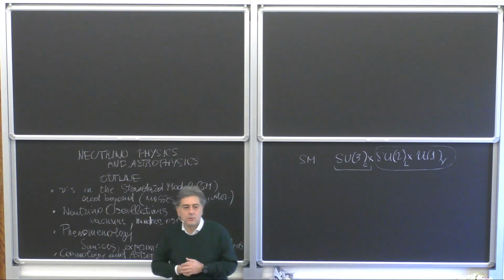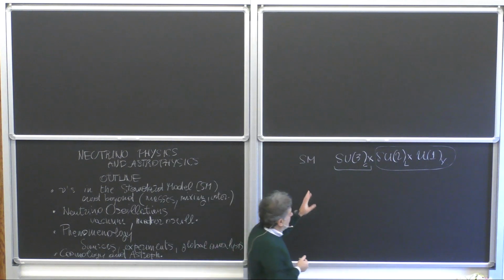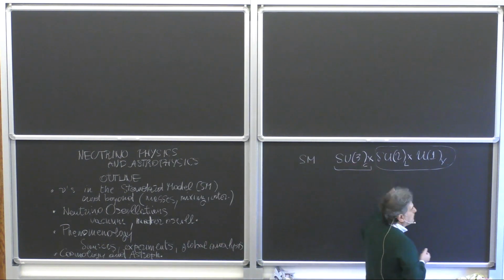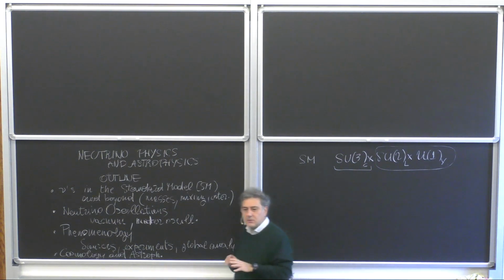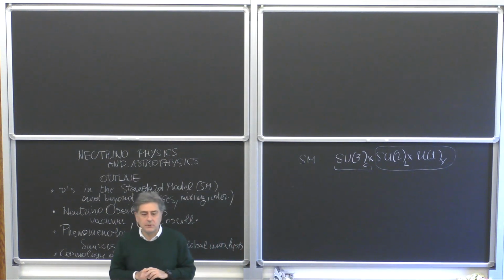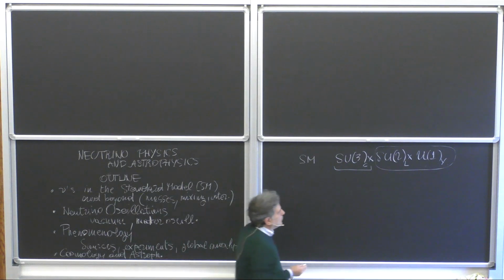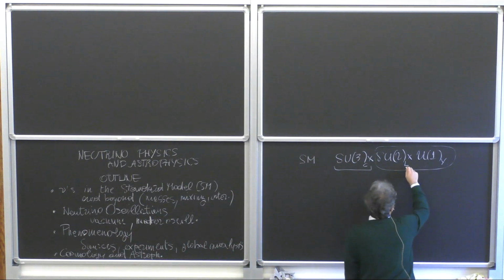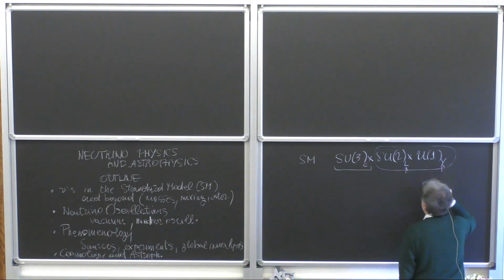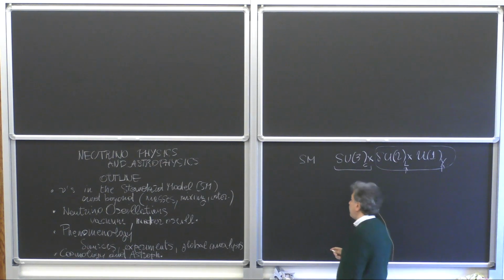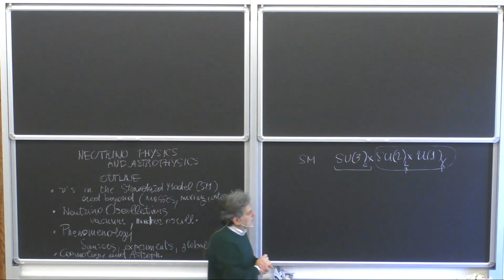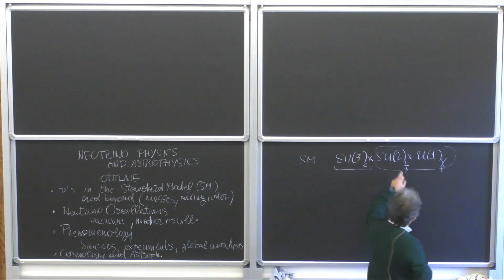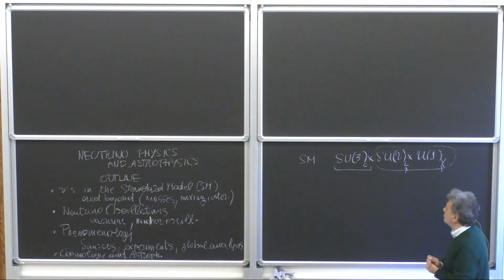The cross product means that these groups commute, so they don't see each other, so we can forget about colors for neutrinos. So here the two key words are left and hypercharge. And let's start with the left SU(2) subgroup.